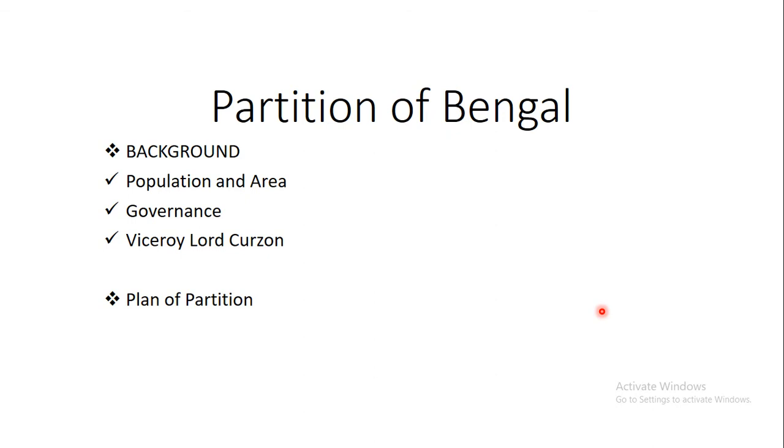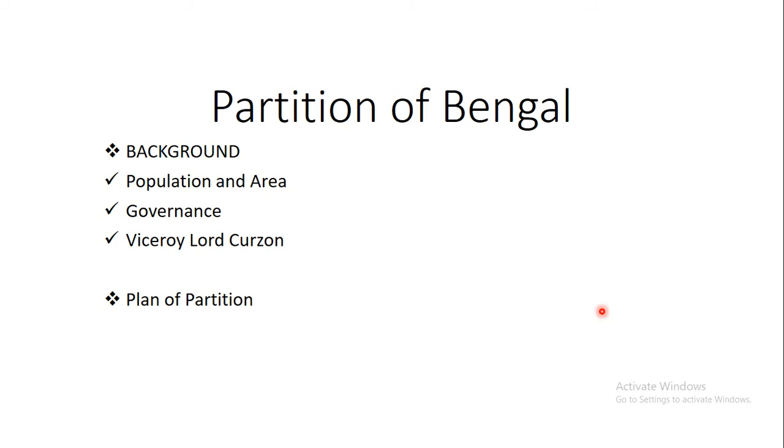Bengal was the biggest province with a population of 78 million and an area of 190,000, and it was governed by a single lieutenant governor who could not look after the administrative requirements of such a vast area alone. At that time, the Viceroy of India was Lord Curzon.